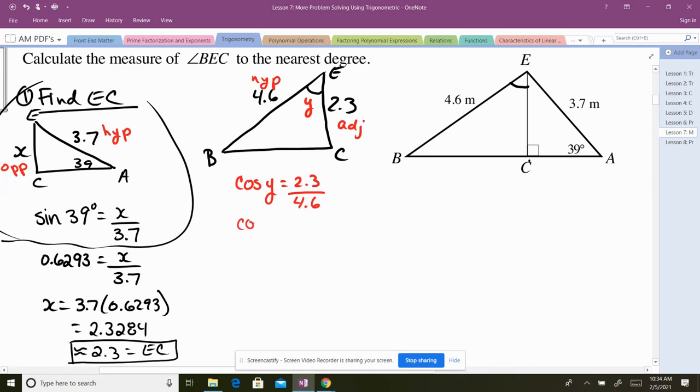Which is going to be cos of y is equal to 0.5. So y is inverse cos of 0.5, which is 60. Is that right?